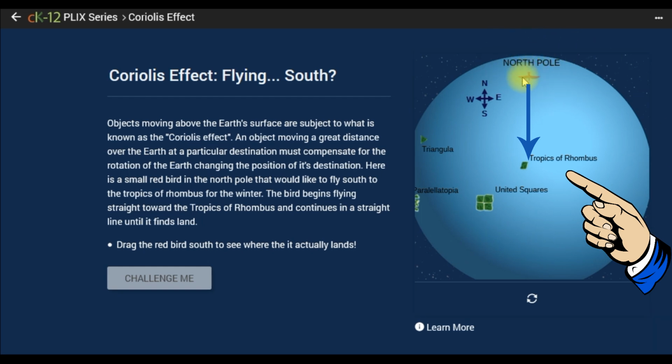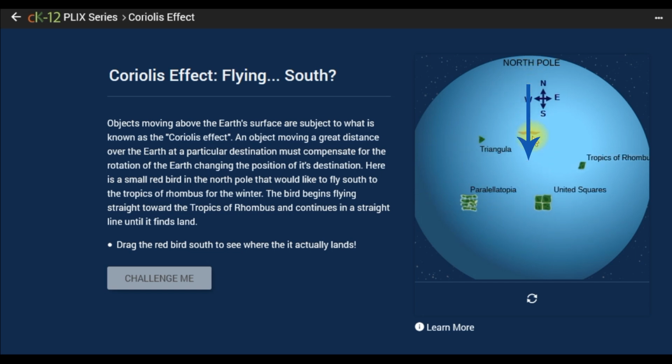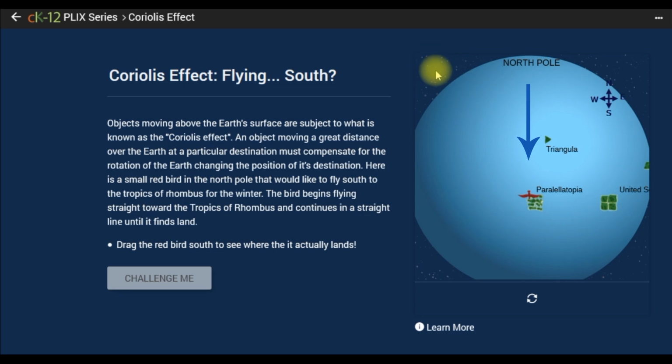Earth will be rotating from west to east, while the bird on top will be flying south to this place called Tropics of Rhombus. As you see, the bird missed its destination, even though it flew south on a straight line. The bird missed the Tropics of Rhombus because of Earth's rotation.